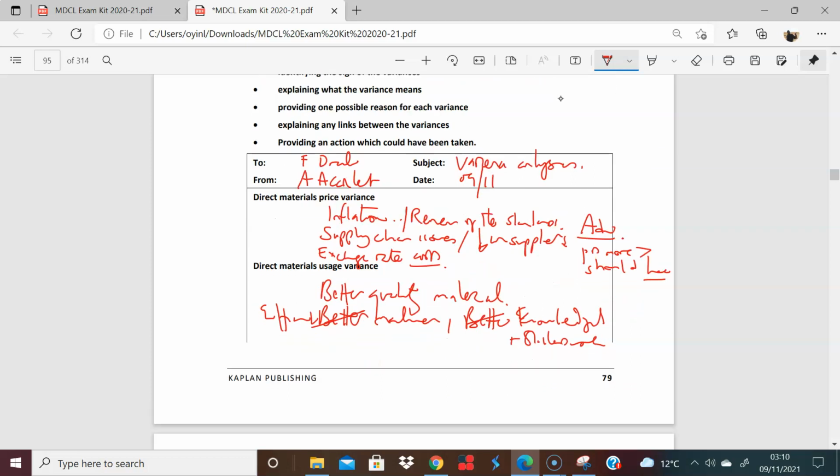And here we're highlighting the fact that we have used less than we should have. And then one link between the two is that we might just have bought better quality material on purpose, and therefore used less of it.